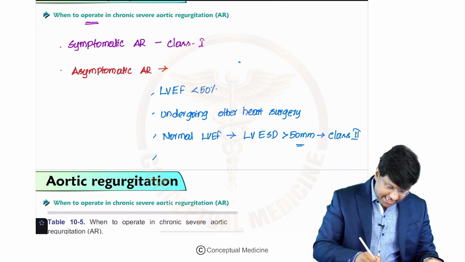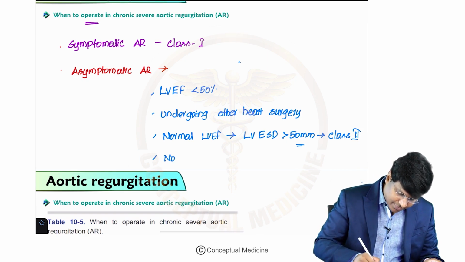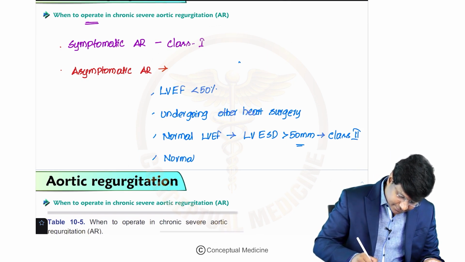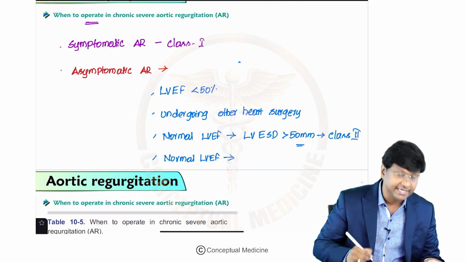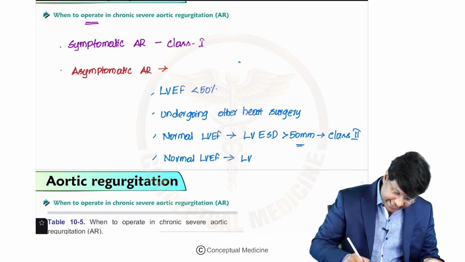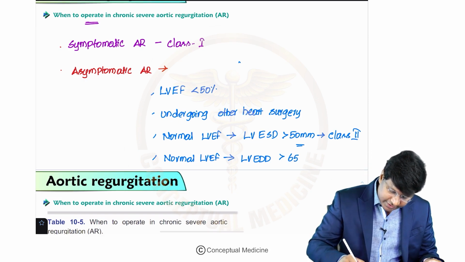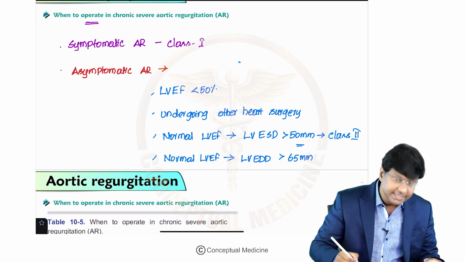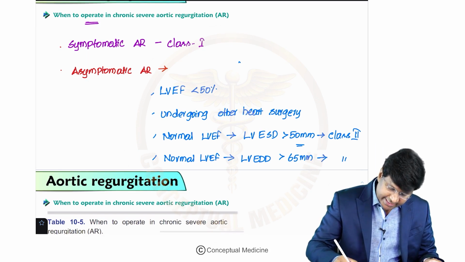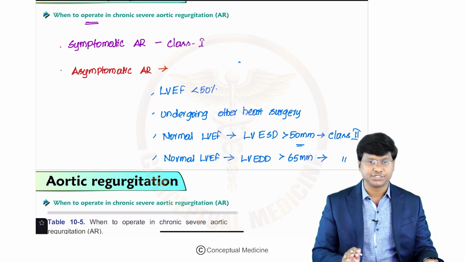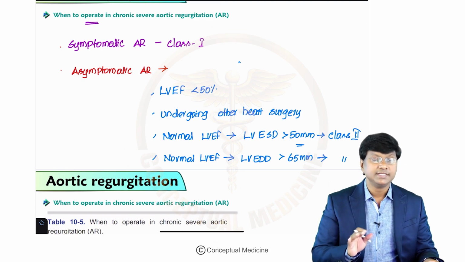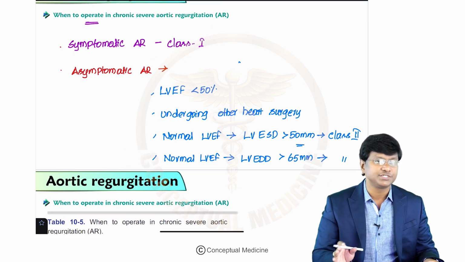And another scenario is normal left ventricular ejection fraction with LV end diastolic diameter more than 65 mm. Even this is also a class 2B recommendation. So this is about the indications for surgery in patients with aortic regurgitation, right?